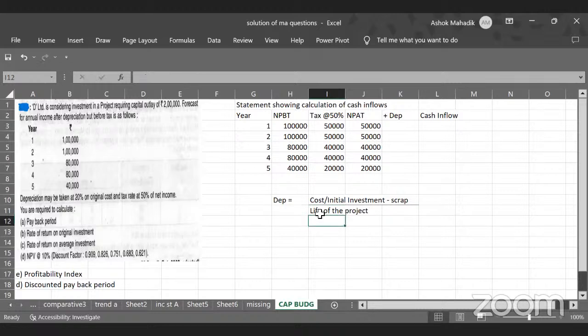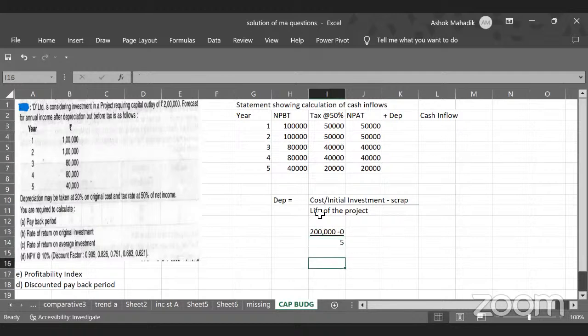So this project is generating income for 5 years. So life will be 5 years. Cost is given in the first line itself, which is 2 lakhs. Scrap value is not given, so we'll consider it as 0. Upon estimated life, it is 5 years.